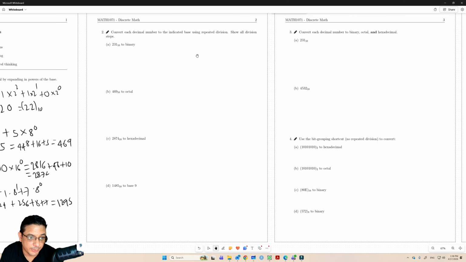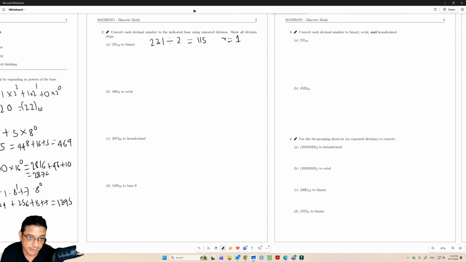Okay, so first we have 231, and we're going to convert that to binary. So we're going to always divide by 2. So 231 divided by 2 is 115, and it's going to have a remainder of 1. And we care a lot about the remainder because the remainder is the representation of our new number.